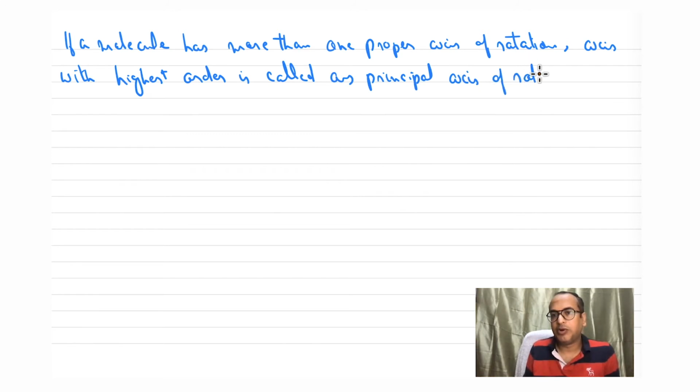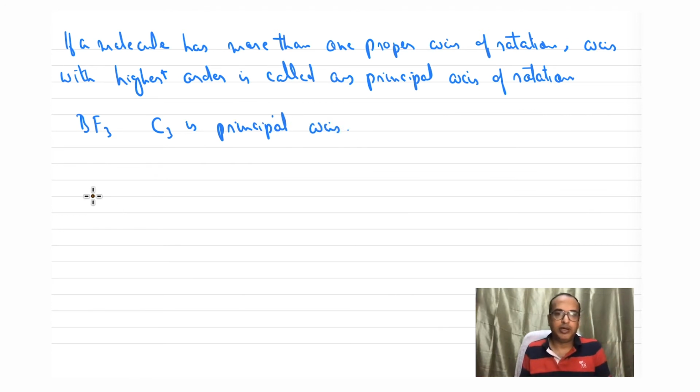Principal axis of rotation. So in case of BF3, C3 is the principal axis. Right? So let's see more examples.